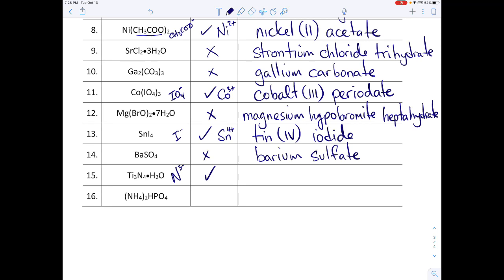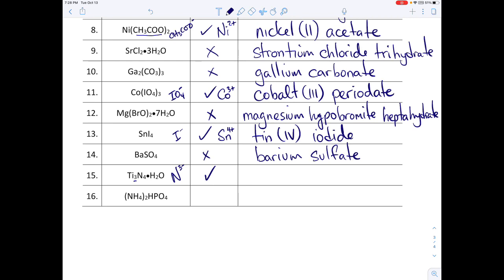So ready to do some mental math. You have 4 of these nitrides. So 4 times 3 negative, that gives me a total of 12 negatives. So there must be 12 positives to cancel that out. Those 12 positives are on 3 titanium atoms.